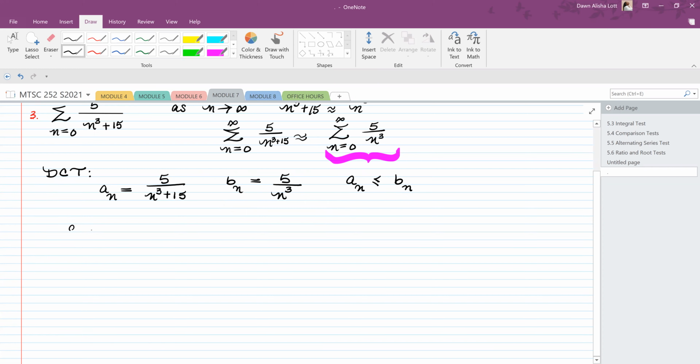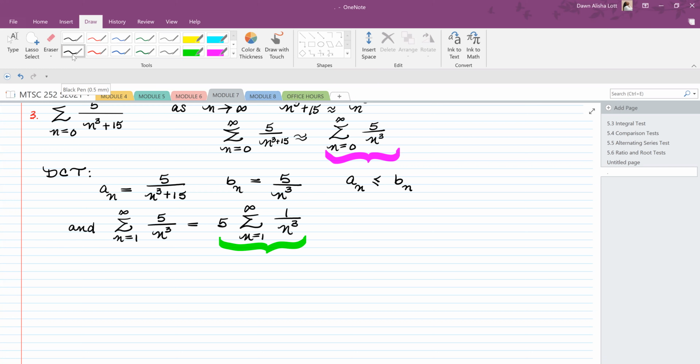And the summation, n equals 0, actually n equals 1, to infinity of 5 over n cubed is equal to 5 times the summation, n equals 1 to infinity, of 1 over n cubed. What do you know about this series? What does that series do? I want to know whether it converges or diverges.